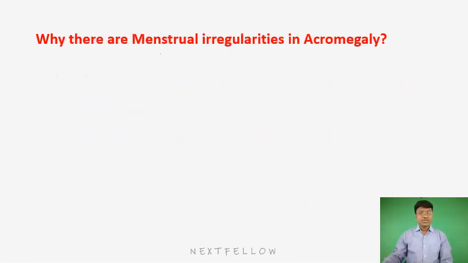Then, what are the menstrual irregularities that you will observe in patients with acromegaly? See, we have one important etiology which will cause acromegaly, that is called mammo-somatotroph type of pituitary adenoma.